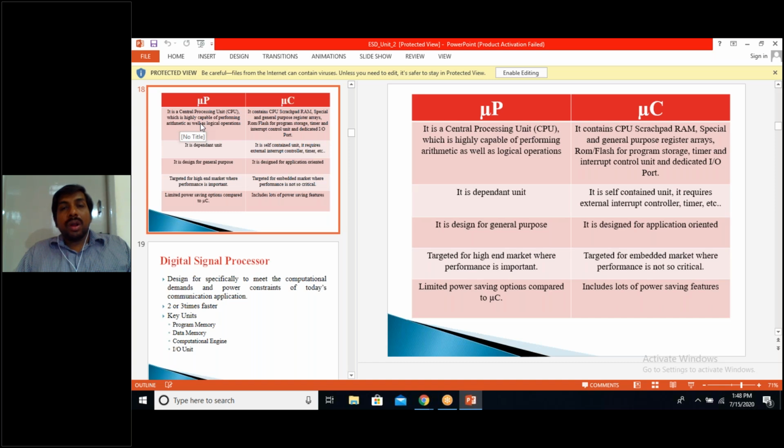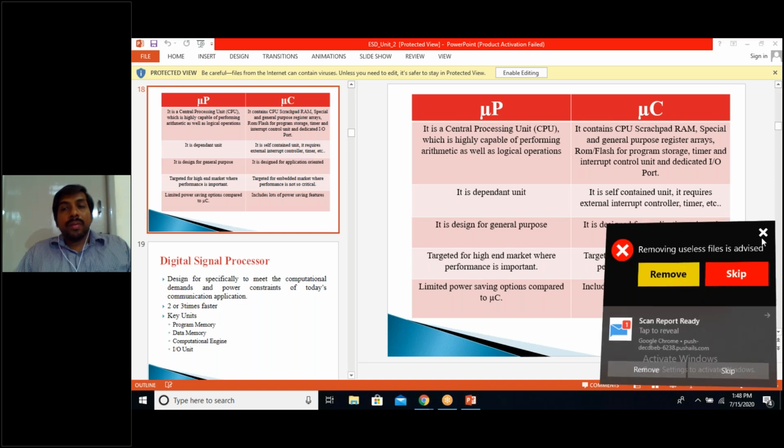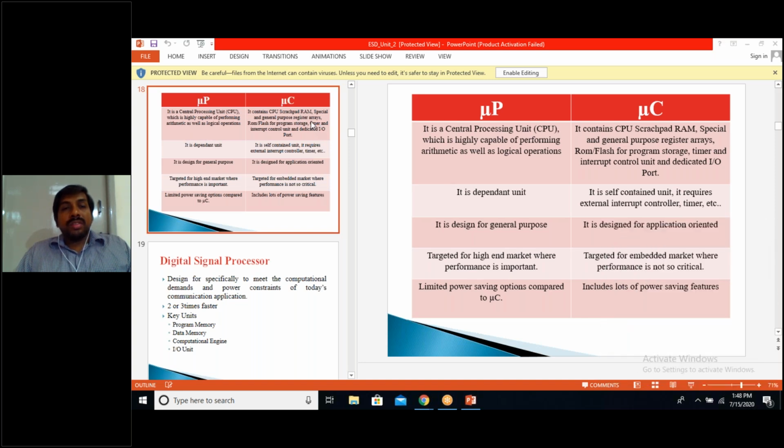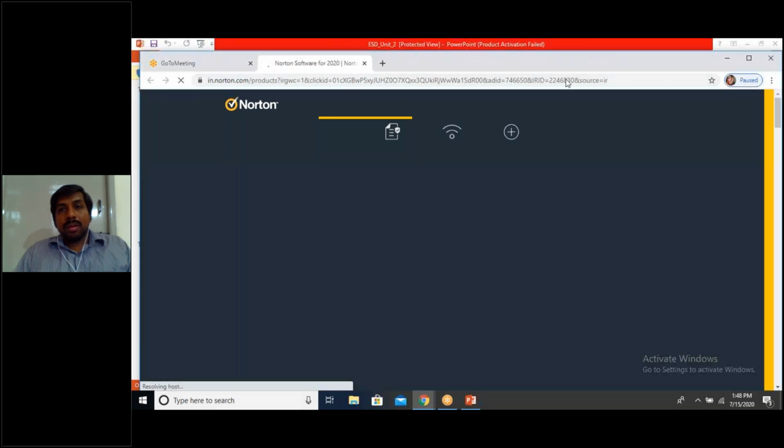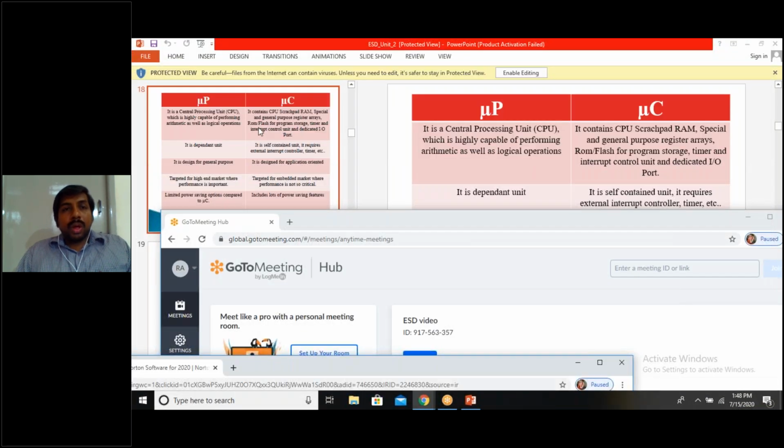It will do all arithmetic and logical functions, whereas a microcontroller contains a CPU, scratchpad, special and general purpose register arrays, ROM, flash memory for program storage, timer, interrupt control unit, dedicated I/O ports. A microprocessor is a dependent unit, whereas a microcontroller is a self-contained unit. On board, it has timers and interrupt controllers.